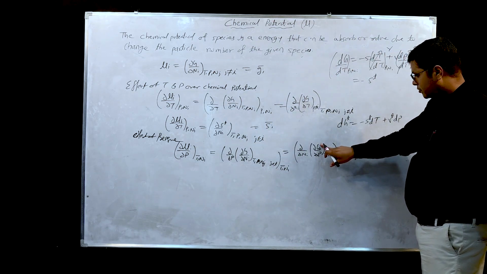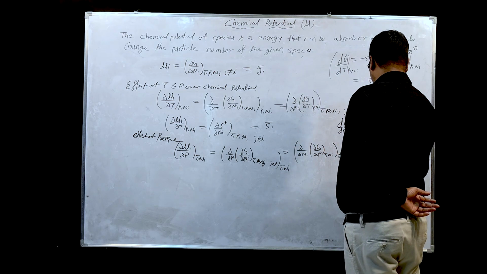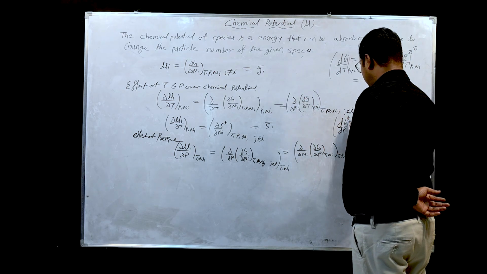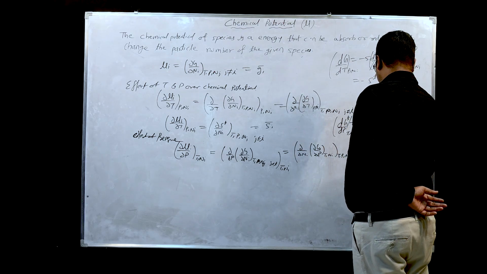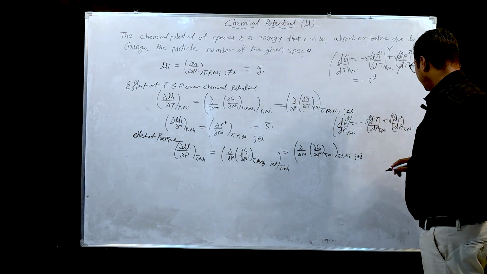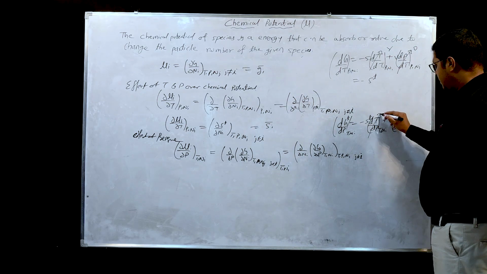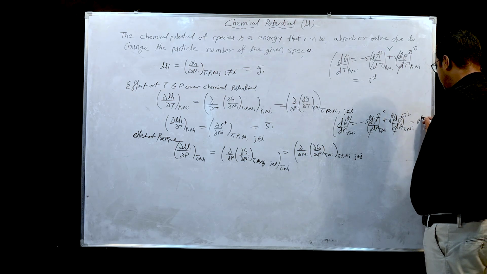So what I need is ∂G/∂P. So let's divide by dP, keeping temperature and Ni constant. At that moment this term goes to 0 and this term goes to 1, so this becomes Vt.